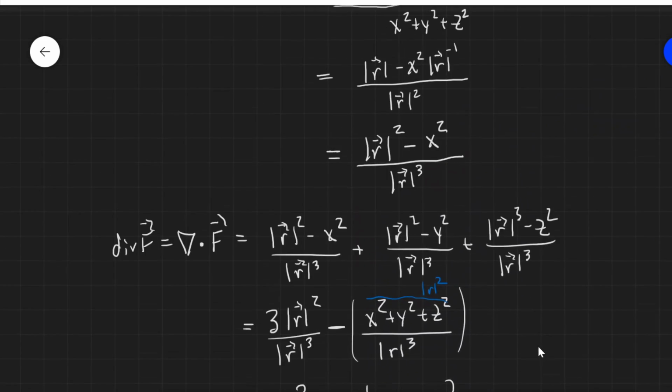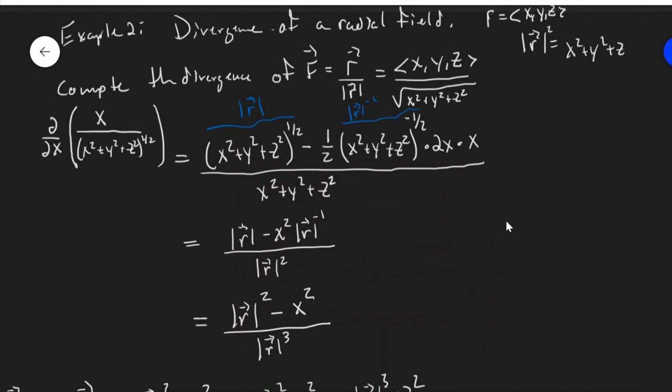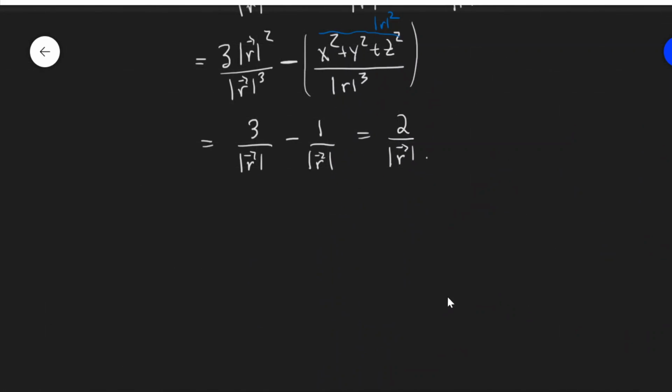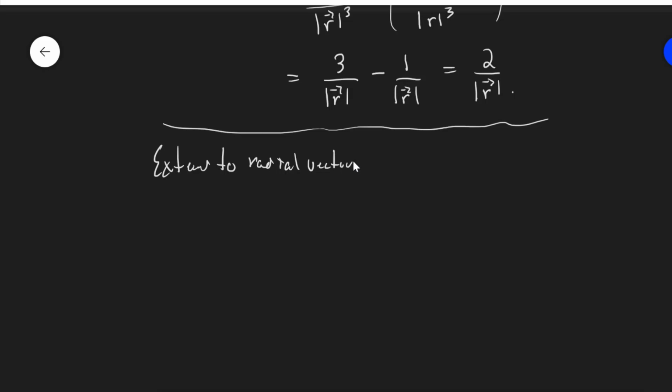And in fact, it's not too hard to generalize this to that specific class of radial vector fields that we've looked at in general. So let's state a theorem past this example. So we looked at one class of radial vector fields, so I'll say extend to radial vector fields that have the form r over magnitude r raised to the p.